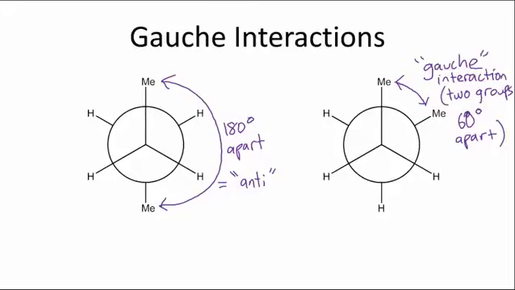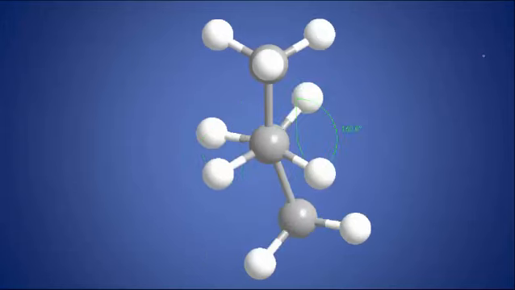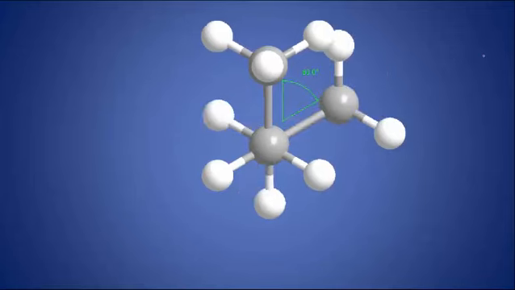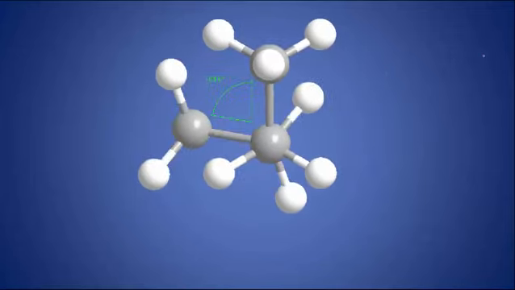But what it'll do is spend more time in the lower energy conformations. So it's going to spend most of its time in this conformation on the left, the anti conformation. It'll spend some time in the gauche conformation. And notice for butane, there are two gauche conformations. There's one there, and there's another one there.